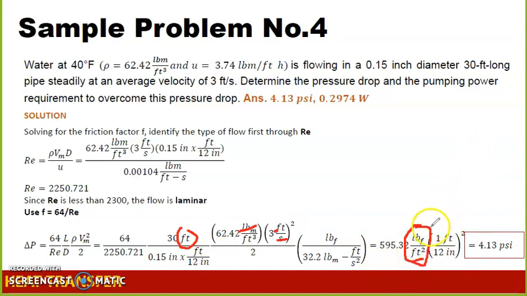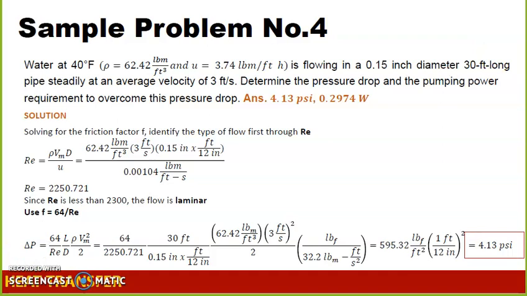That's why we have pound force per feet squared. To have a value in PSI, we just convert feet squared to inch squared, so that we have pounds force per inch squared, or PSI. So our delta P is 4.13 PSI. This is our pressure drop.